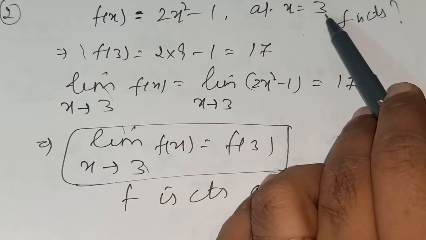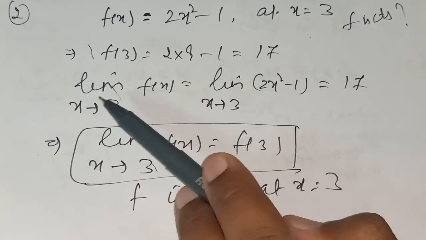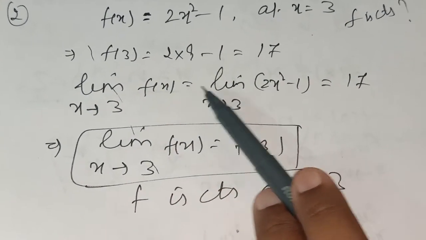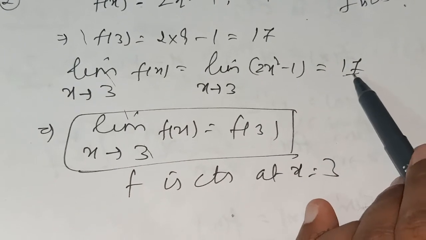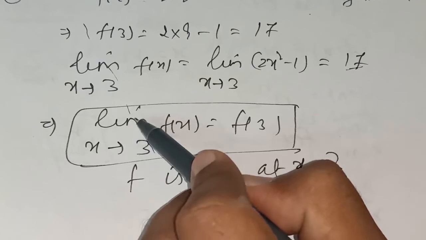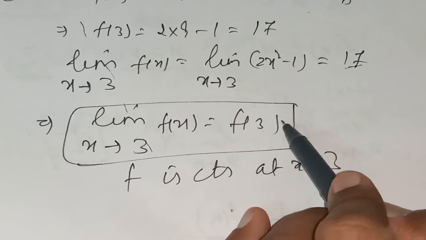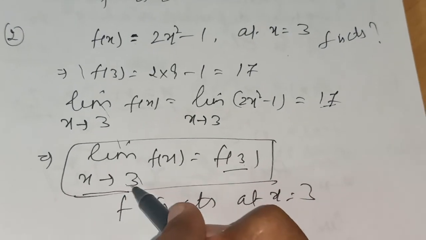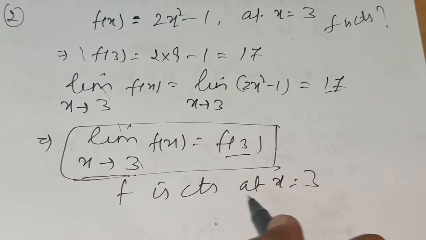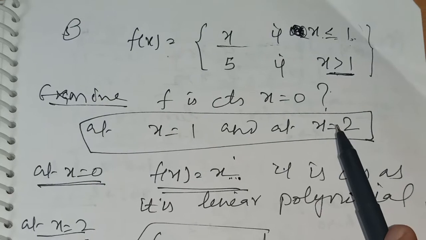So again, at x equal to 3, f(3) is 17, and limit x tends to 3 of f(x), when we put in the limit, we get again 17. That means limit x tends to 3, f(x) is equal to f(3). So according to the definition, at the limiting point, the value and the limit value are both equal, so the function is continuous at x equal to 3.